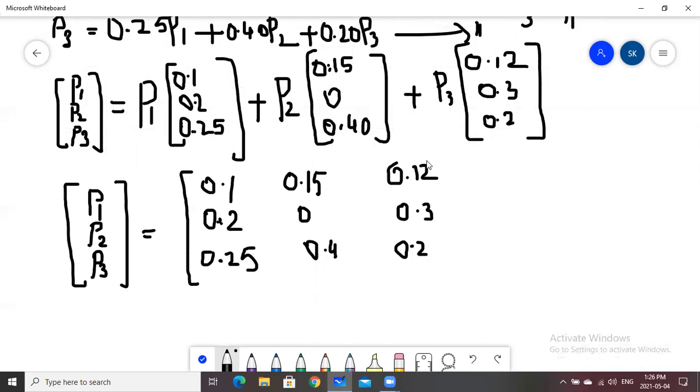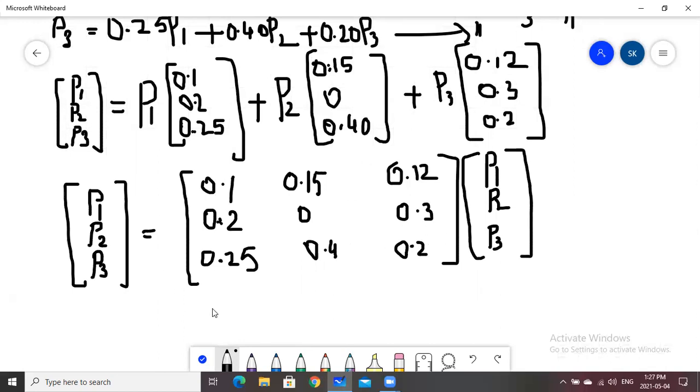Now close this matrix. These are all the coefficient values, so this is the coefficient matrix, and we will write the variable matrix P1, P2 and P3 over here. Coefficients multiplied by its variables.